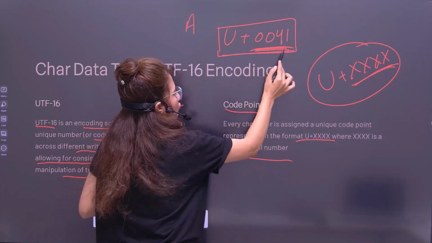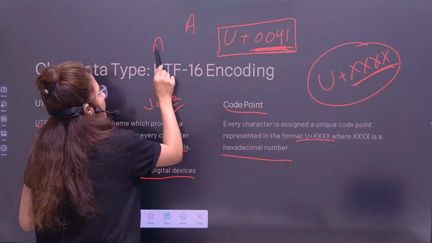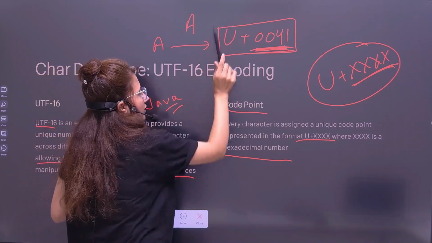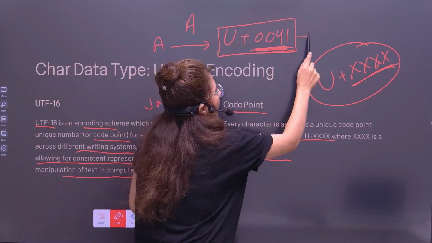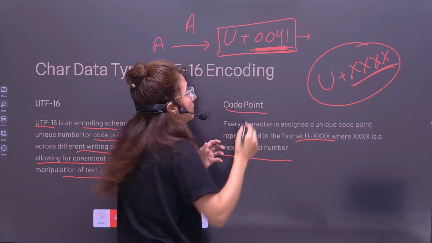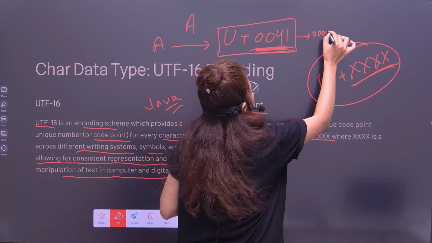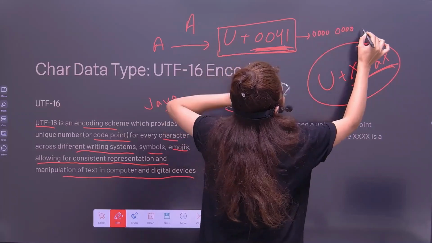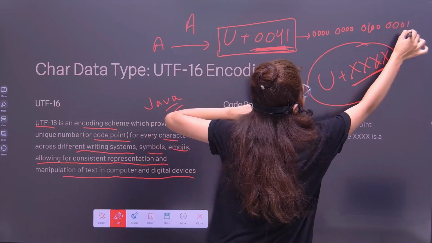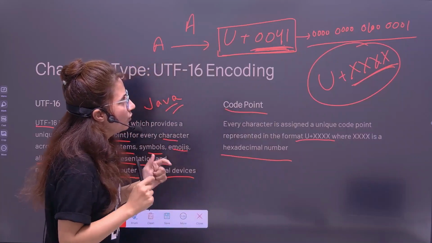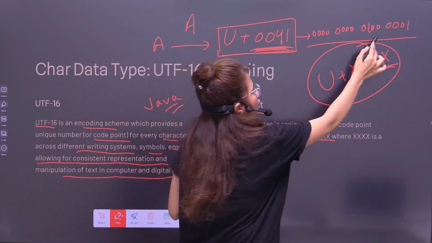The hexadecimal number is 0041. So whatever the character, that would be converted into this by the UTF encoding scheme. And then this would be converted into binary: 0000, for 4 it's 0100, and for 1 it's 0001.